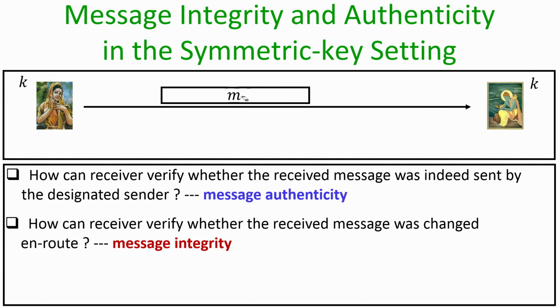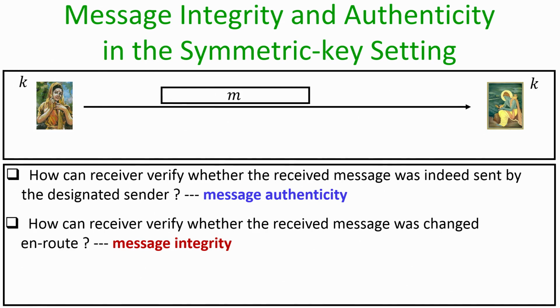A related problem is that of message integrity, where the goal for the receiver is to verify whether the received bit string was changed en route or not. That means, assume for the moment that the receiver is sure that the received bit string was sent by the designated sender.